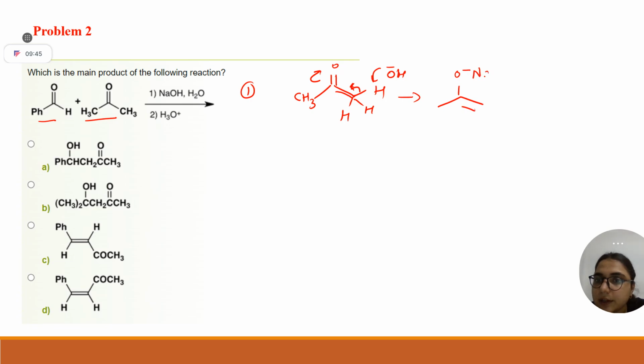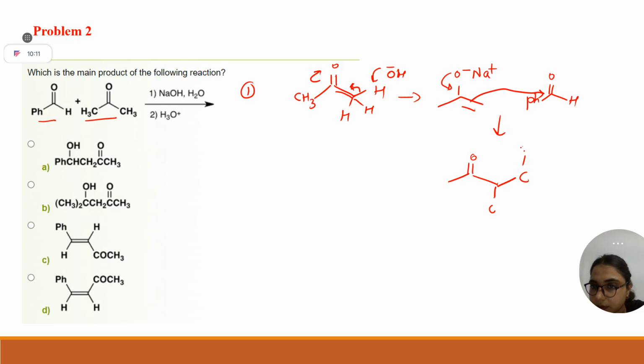Always write the counter cation whenever you are writing a mechanism. Then you have benzaldehyde in your medium. This negative charge will come back and attack your aldehyde, right?